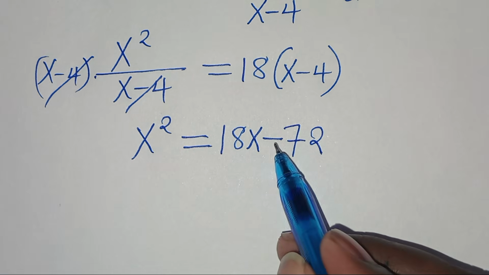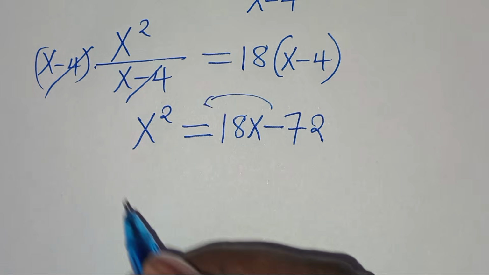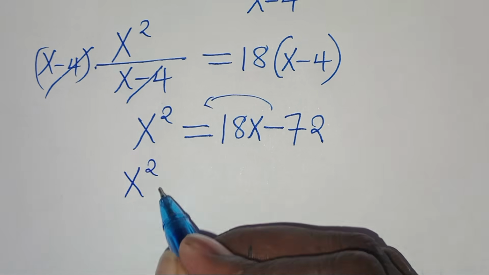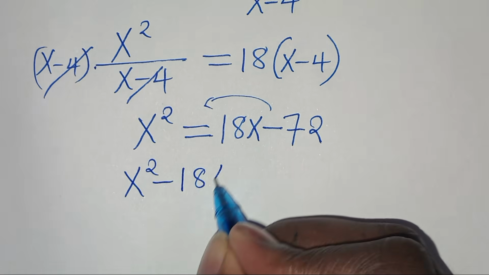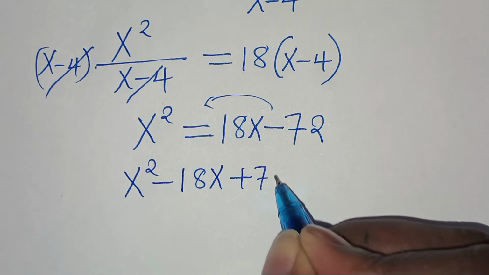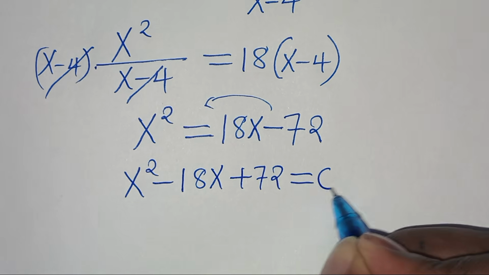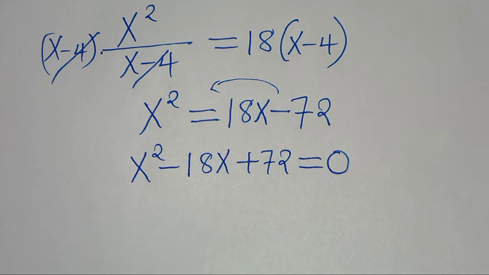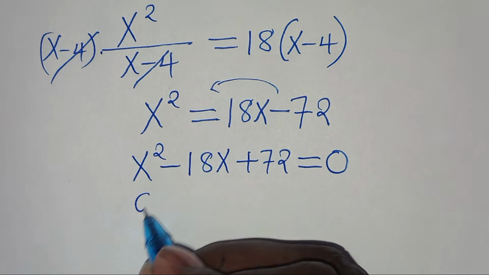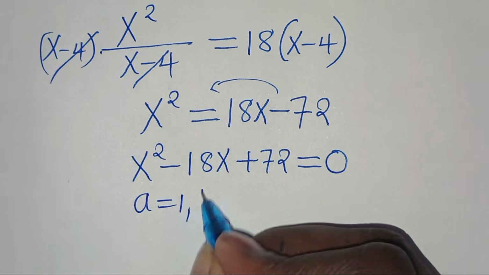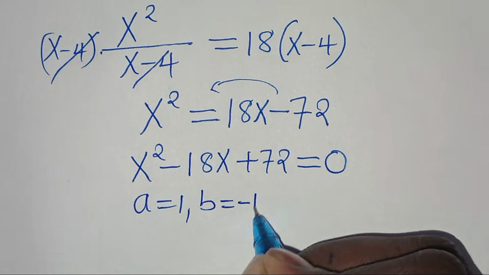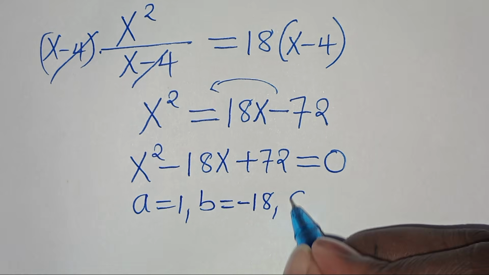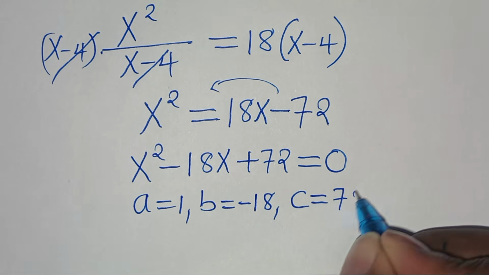Let's take 18x minus 72 on the left hand side so that we have x squared minus 18x plus 72 equal to 0. So this is a quadratic equation where we have a equal to 1, b equal to minus 18, and c equal to 72.